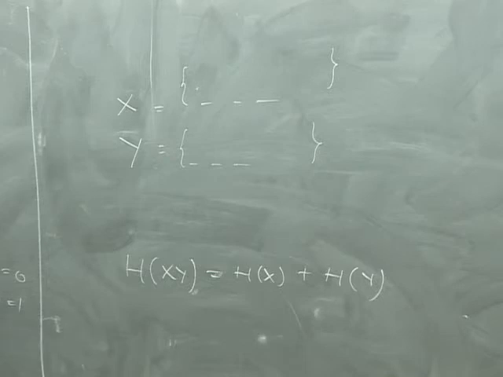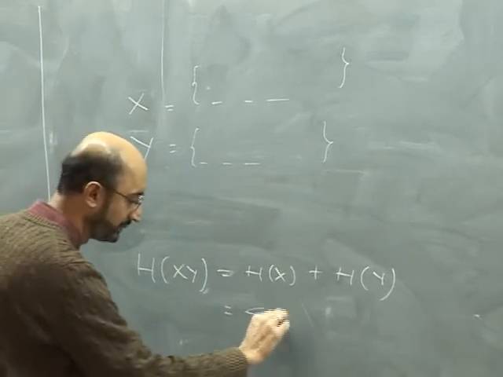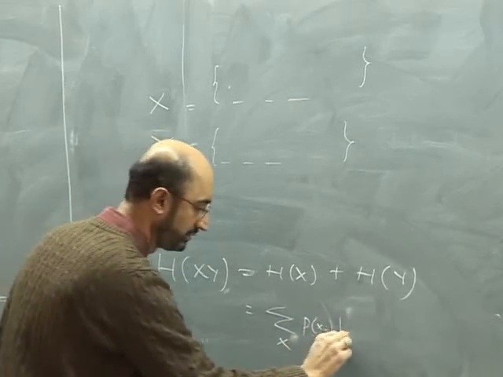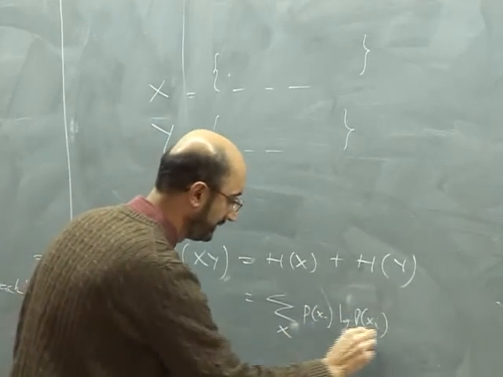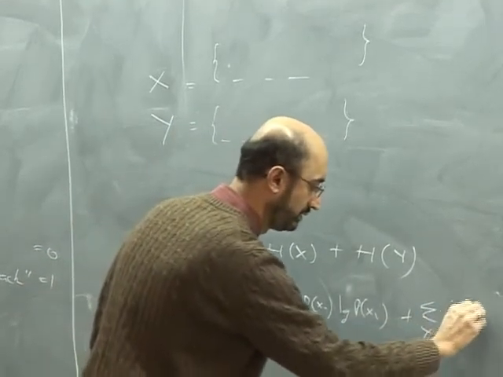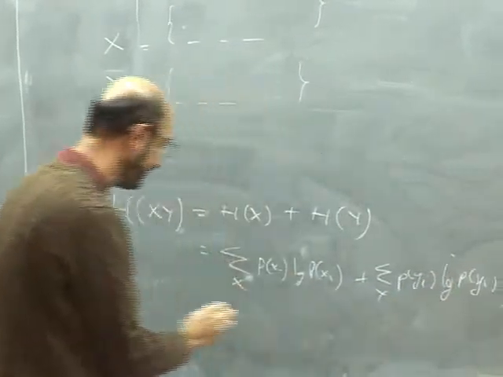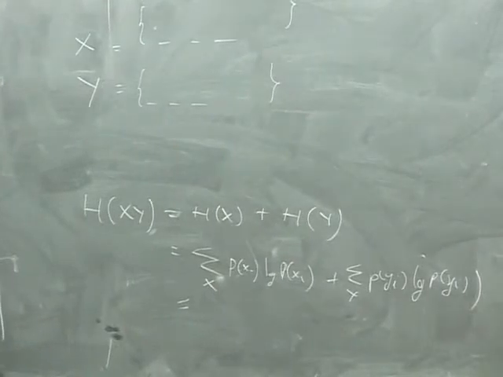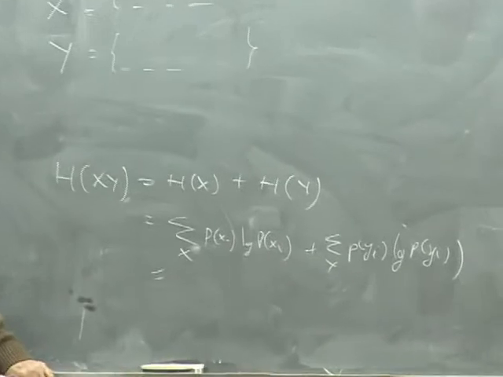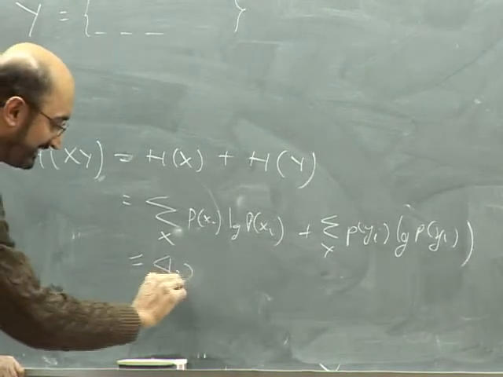Anyway, for H of x, you just do the obvious thing, which is the sum over x of p(xi) log p(xi), plus the sum over y of p(yi) log p(yi). And the answer is, can somebody give me the answer? I forgot to bring my sheet with me here. Did anybody solve this? 4.27 is the magic answer.